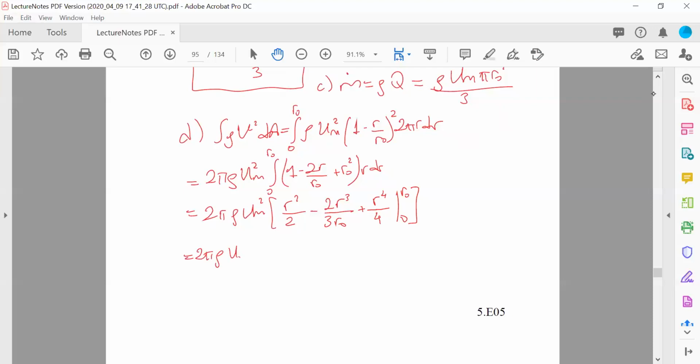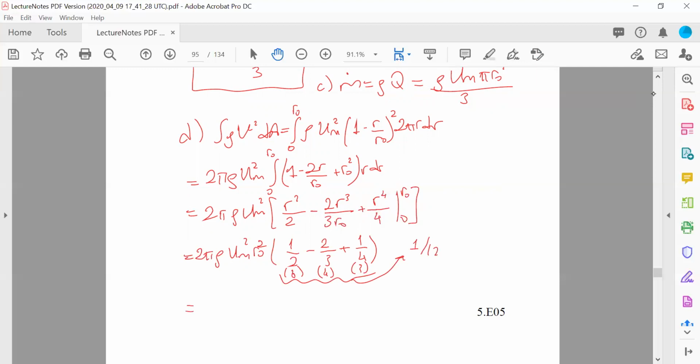So 2 pi rho u max squared. Inside the parentheses, let's write it like this, taking r0 squared out. Inside the parentheses we have 1 over 2 minus 2 over 3 plus 1 over 4, and making the operation, we will see that this number equals 1 over 12.